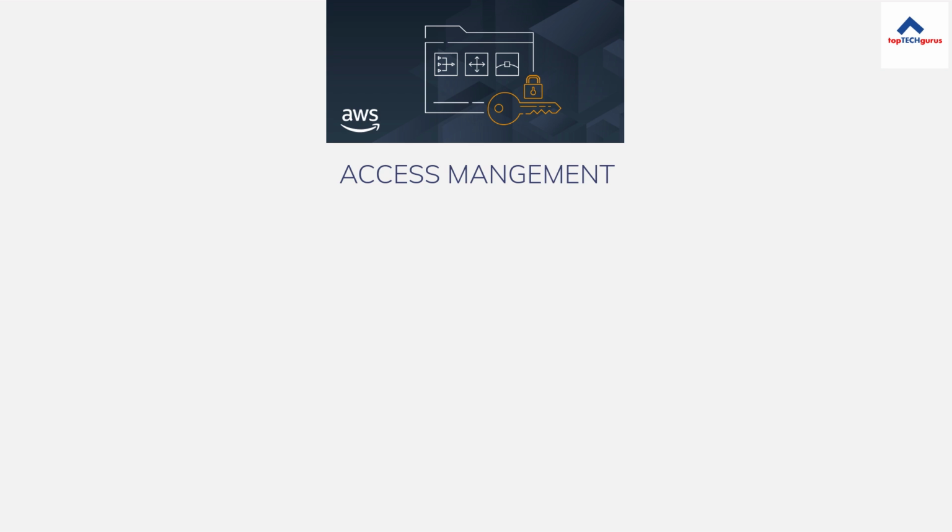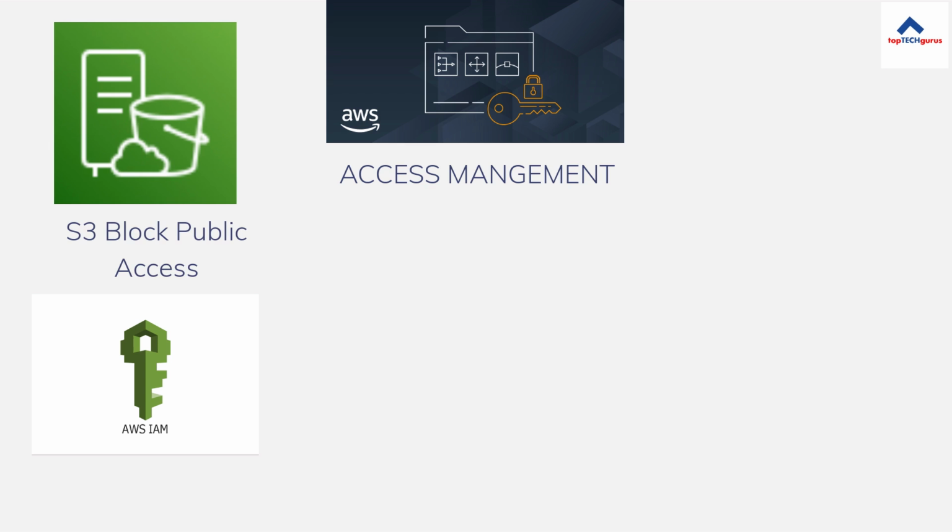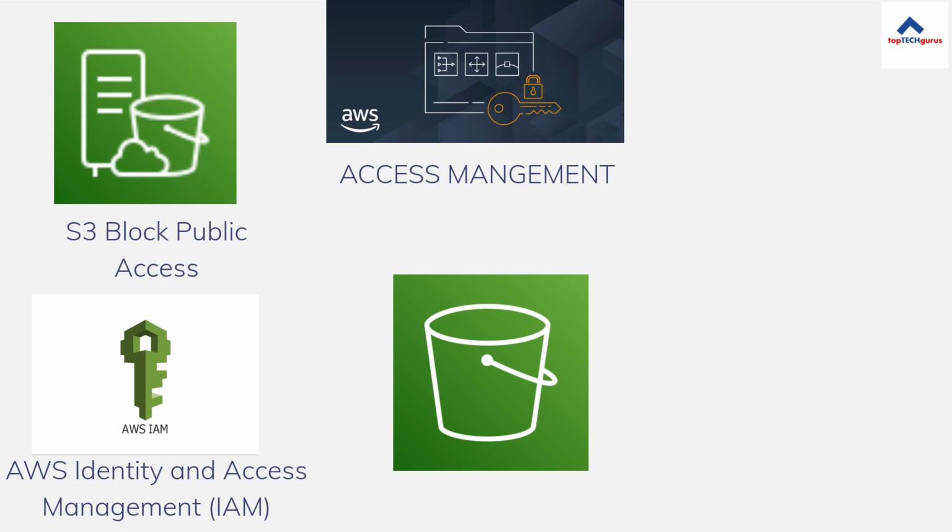What are the access management features available in AWS S3? Block public access to S3 buckets and objects. This is enabled by default at the bucket and account level. Identity and Access Management users can be used to control access for users and groups to the S3 buckets and objects. Bucket policies can also be used to configure resource-based permissions for S3 buckets and objects.